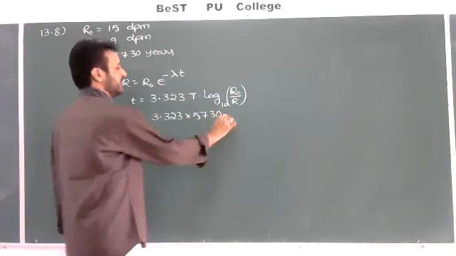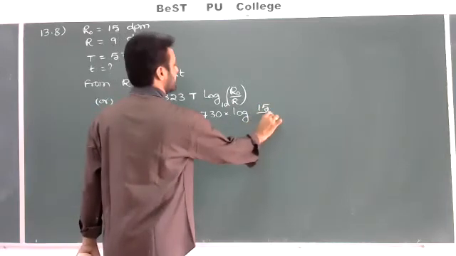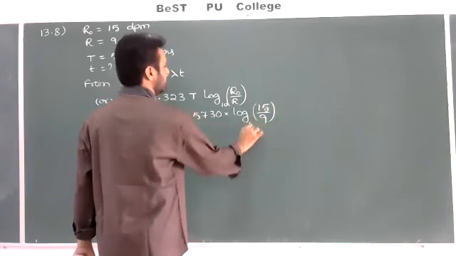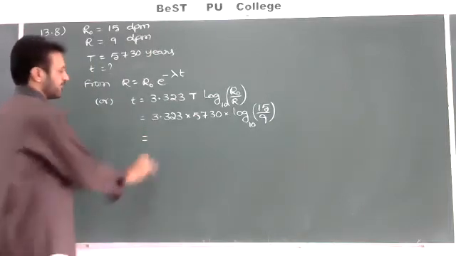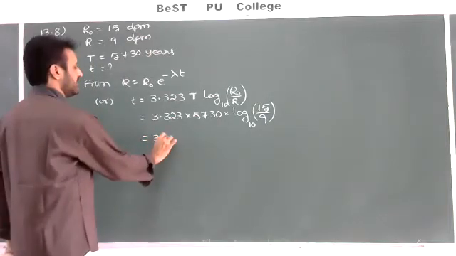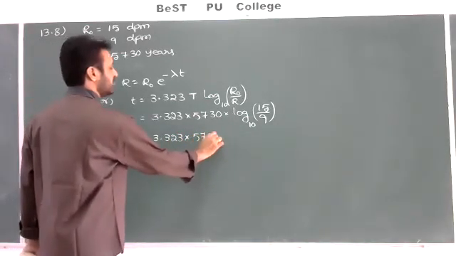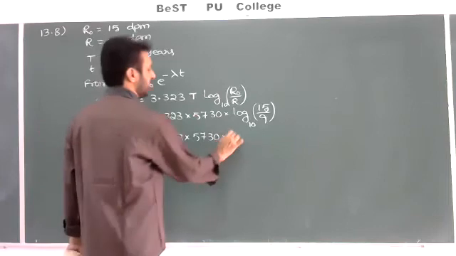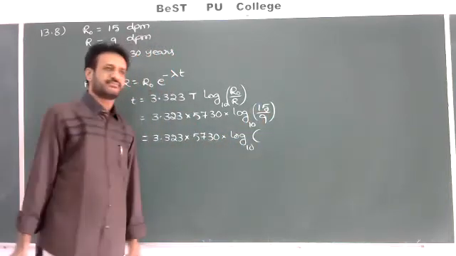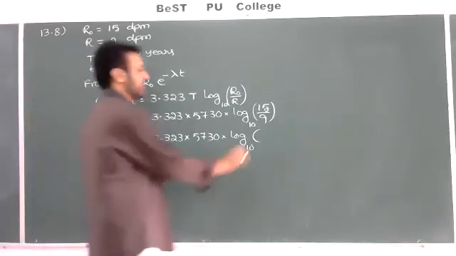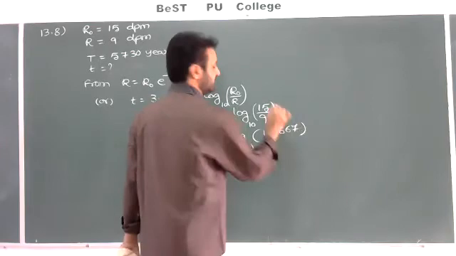5730 into log R naught by R, that is 15 by 9, base 10 you should write. That is equal to 3.323 into 5730 into log base 10 of 15 by 9, which is 1.6666, or round off to 1.667.